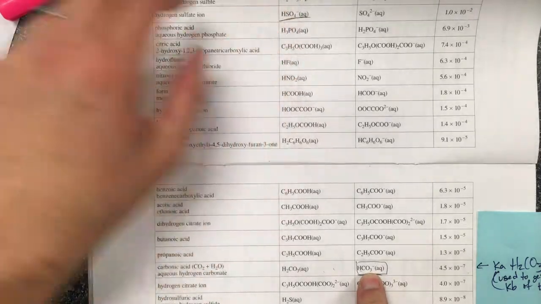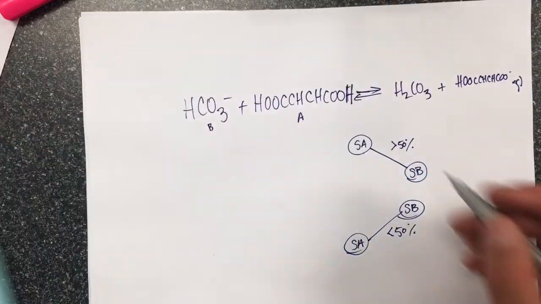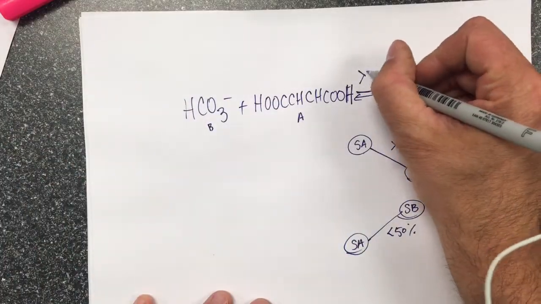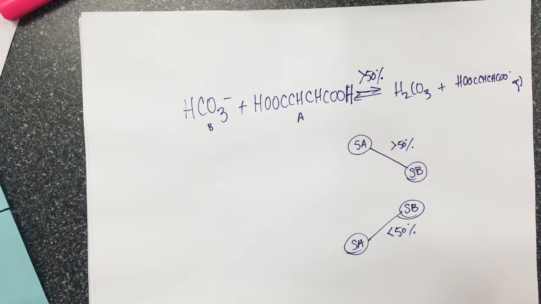And so it's got this kind of favors-the-products orientation. So this is greater than 50% forward reaction because it goes like this. If you're given an acid that you're not finding in the data table, if they give you the Ka, you can add it essentially to the data table.